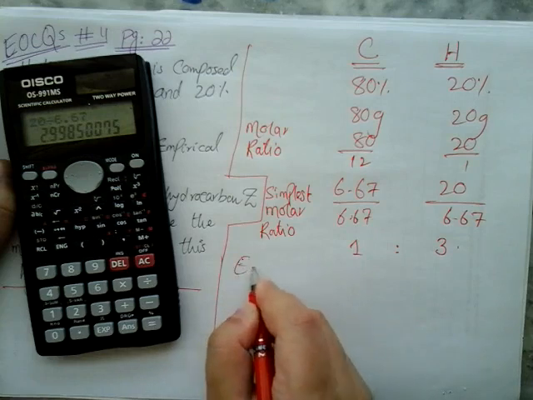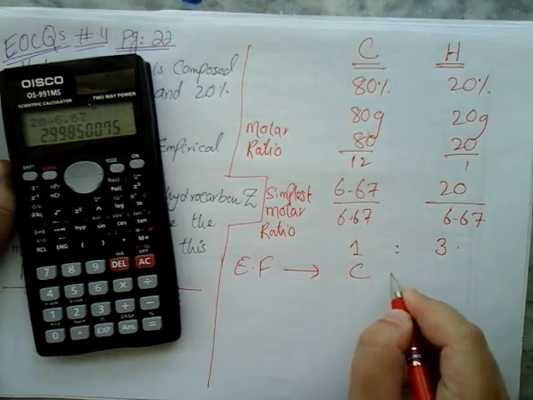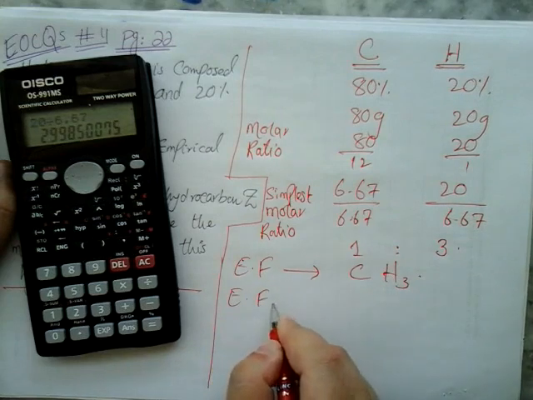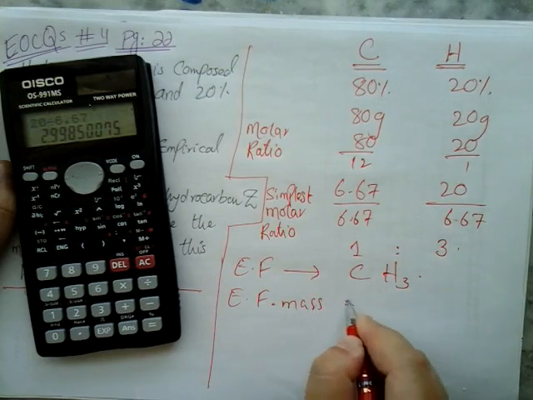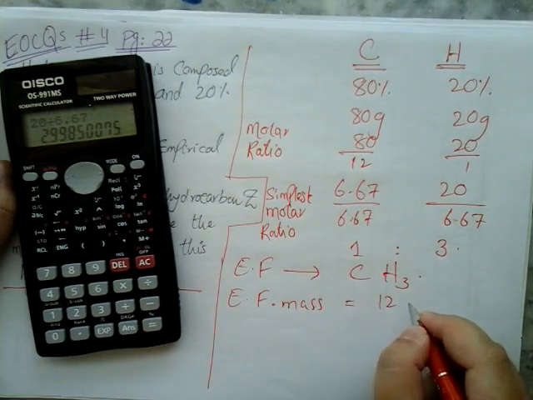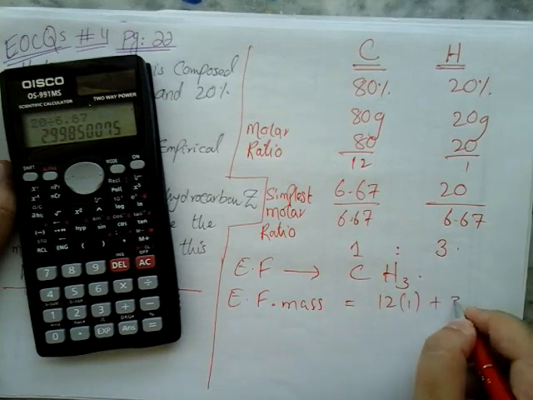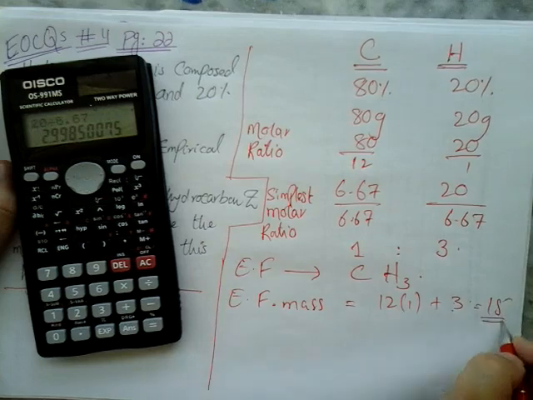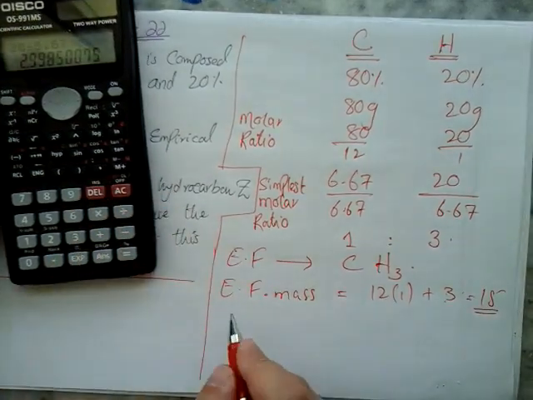So the empirical formula over here is CH3. Now the empirical formula mass is equal to 12, 1 atom of carbon, plus 3 atoms of hydrogen, 12 plus 3, 15. 15 is the empirical formula mass of the compound.